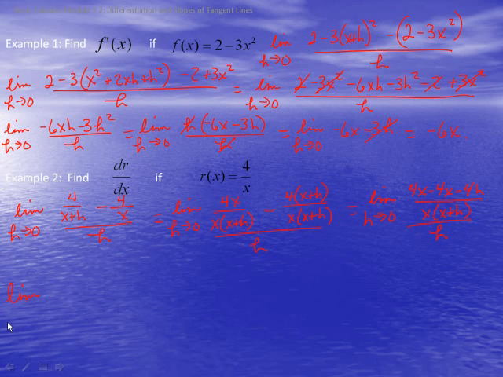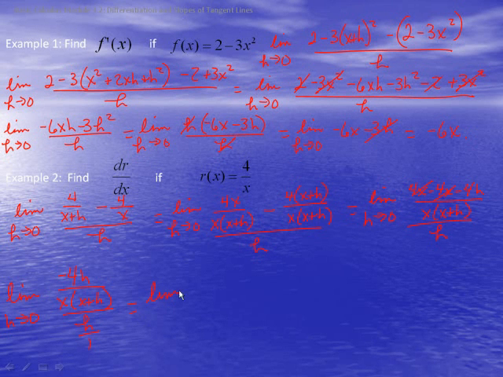Okay, now as h approaches 0, notice that the two 4x's in the numerator will cancel, which will give us minus 4h over x times x plus h over h. And we can go ahead and sling a 1 under that, right? Because it's a denominator of 1.